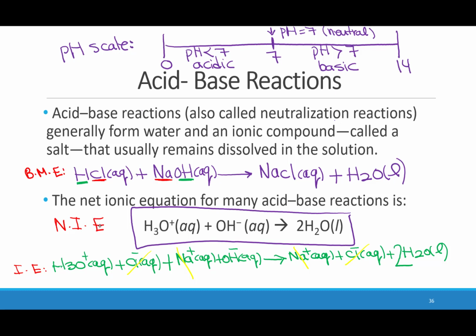Whenever you have a strong acid react with a strong base, this is always your net ionic equation. Just remember that. Whenever you are given an example involving a strong acid with a strong base, if you did not get this as your net ionic equation, you made a mistake somewhere and you need to go and fix it.